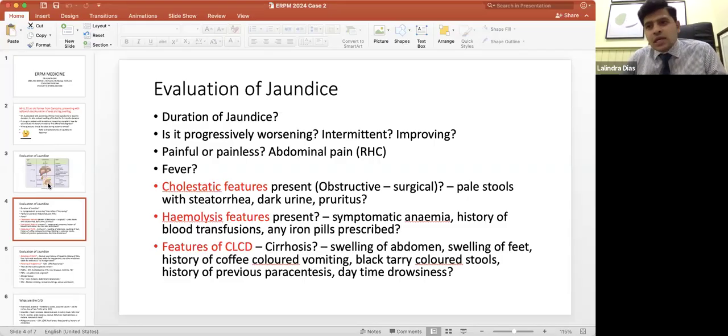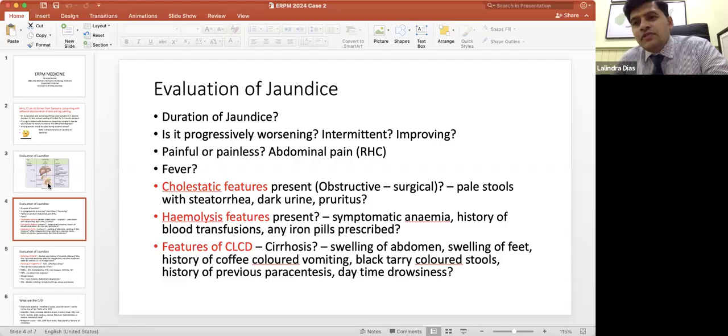Acute hepatitis also can cause right hypochondrial pain. But you get more sharp pain during hepatitis. You get a dull pain in hepatocellular carcinoma. Right. So painful or painless jaundice. Now conditions like cirrhosis or some of the other malignancies cause painless jaundice.